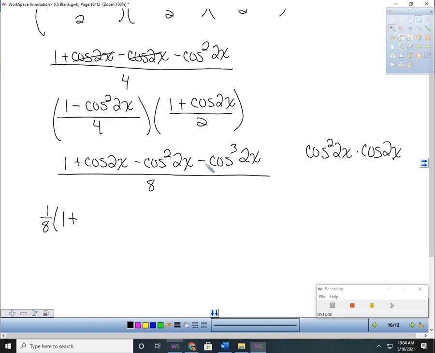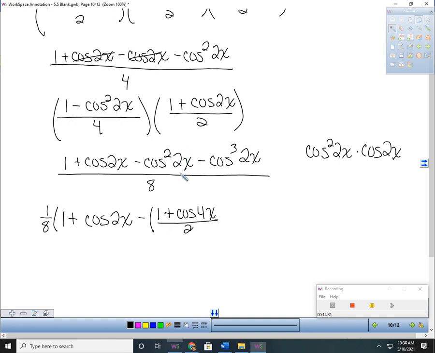All right, and we need to remember that there is a negative in front of that. So when I power reduce here, the cosine 2x is fine, but I have minus, and then I'm going to replace the cosine squared 2x with 1 plus cosine 4x over 2.